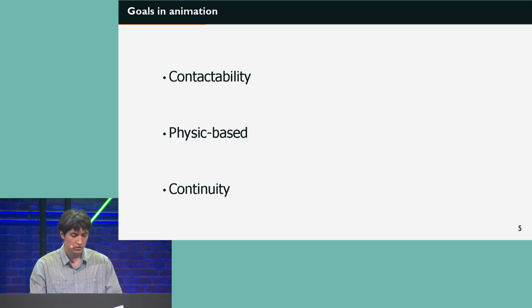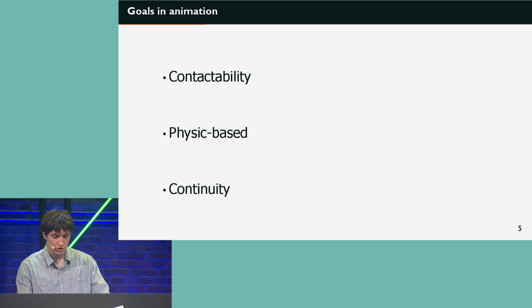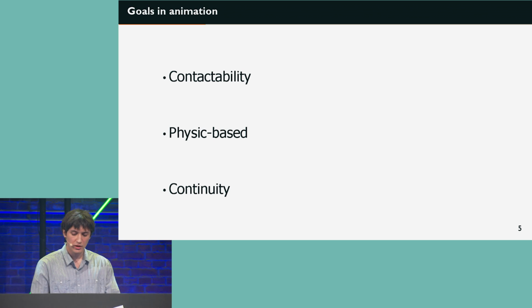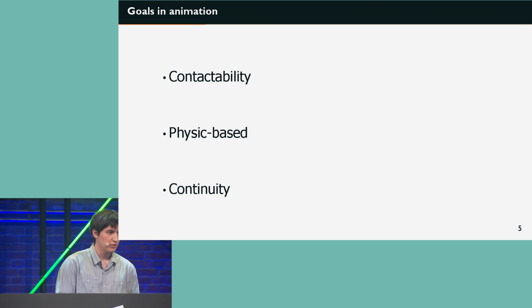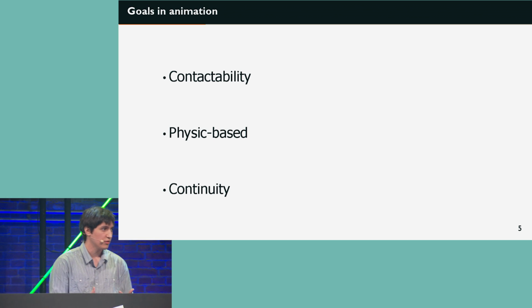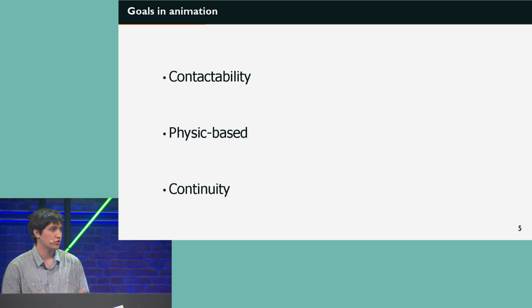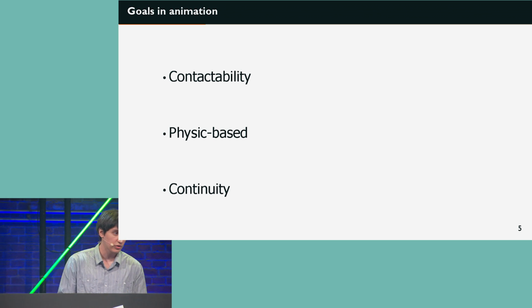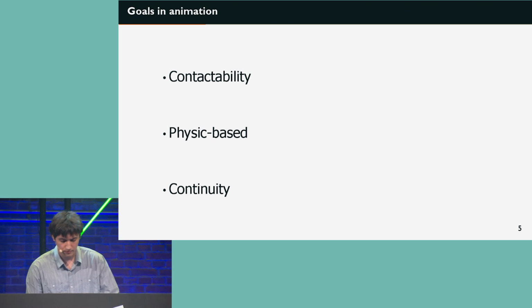And the next, continuity. You have to make the player feel that your game is not actually a bunch of animations that are played on the character, but that it's actually the characters that interact with each other. So let's see what we did to reach these goals.